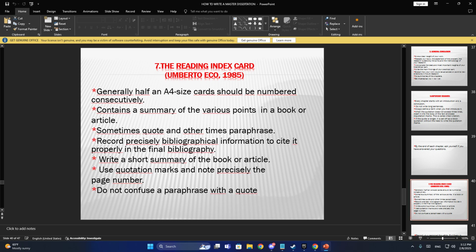This is very important to be relevant and to be on the target of your research. I have got a helpful guide throughout your research: how to organize your research, how you collect your material, how you organize your literature review, your readings about the topic. Here I have taken it from Umberto Eco.